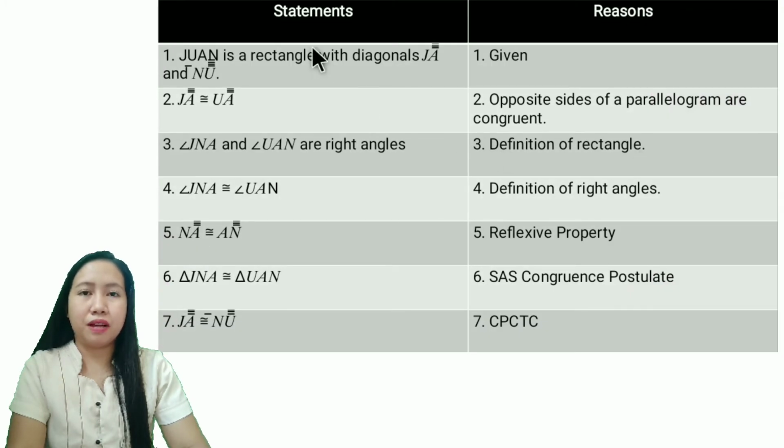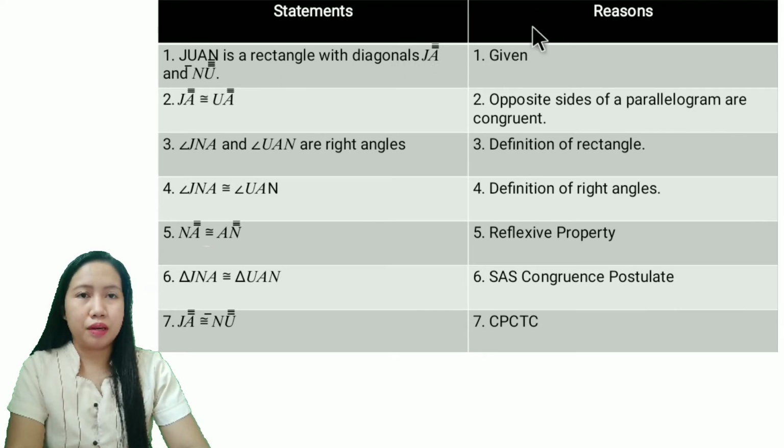Okay, we have the following statements and the reasons. Number 1, JUAN is a rectangle with diagonals, line segment JA and line segment NU. The reason is by given. Number 2, line segment JN is congruent to line segment UA. And the reason is opposite sides of a parallelogram are congruent.